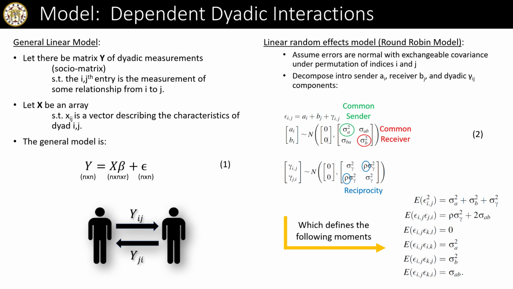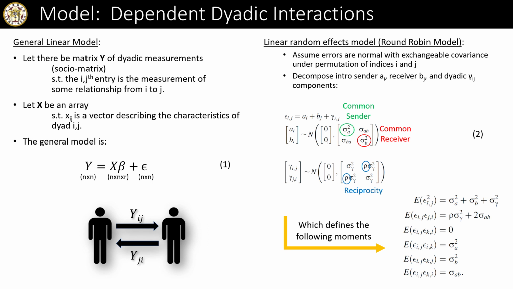So this is an n by n matrix, n being the number of actors that we're considering. And then x, rather than being a matrix, is now an array. And so it's an n by n by r array, such that x sub ij is then a vector which describes the characteristics of that relationship, that dyad, from i to j.